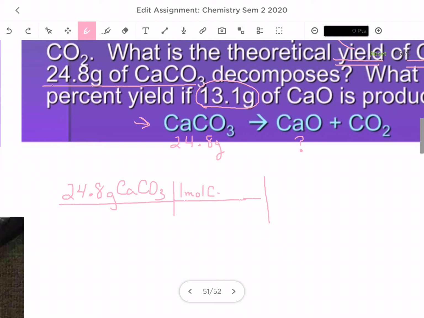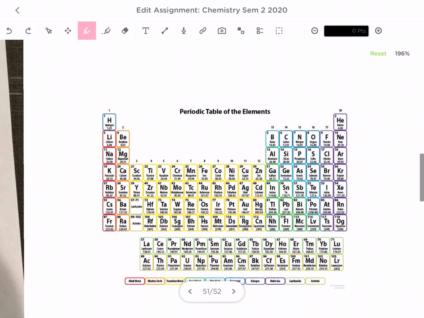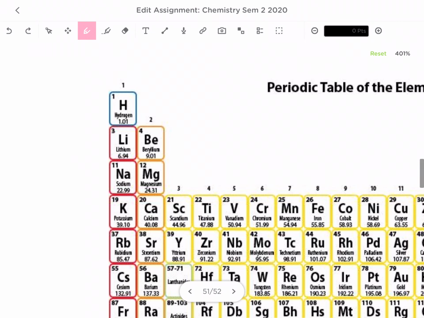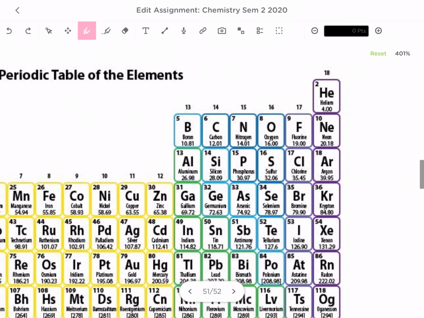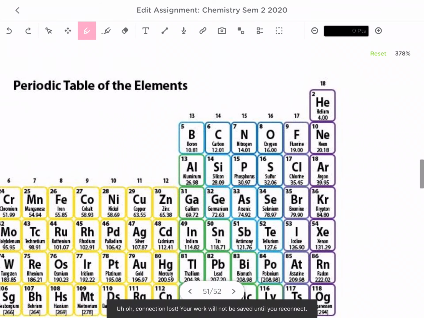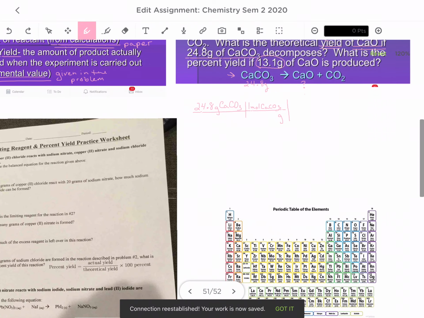Ca is right there, 40.0, plus C 12, plus oxygen is 16, but I have 3 of them, so I get a cool 100.